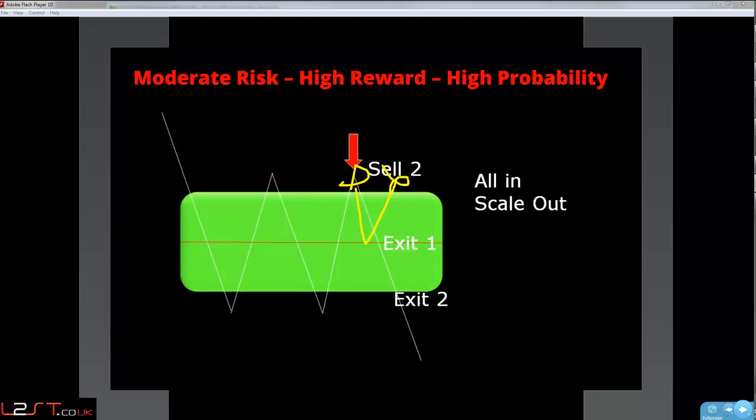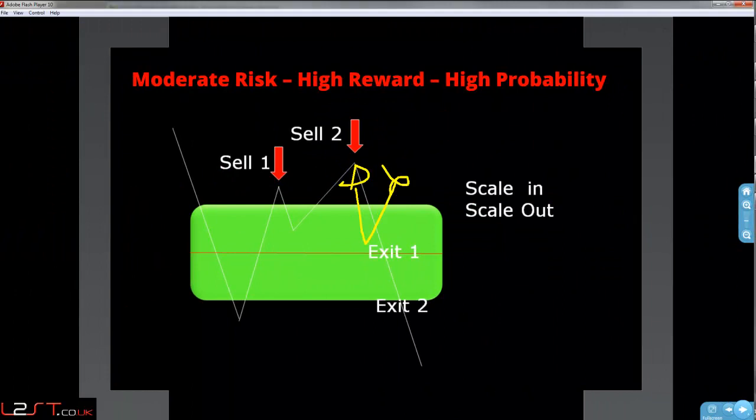And this is where scaling in really helps. So this is an example of scaling in. So in this situation, you might sell one here. You want to get something on just in case the market goes. So either way, if the market comes off, fair enough, but you've got a smaller position on. You'll still take your target. Okay?